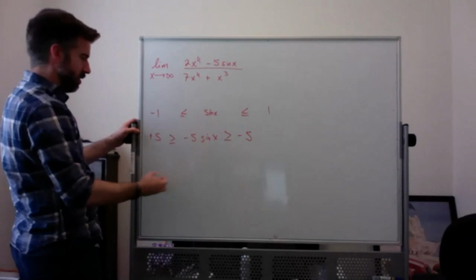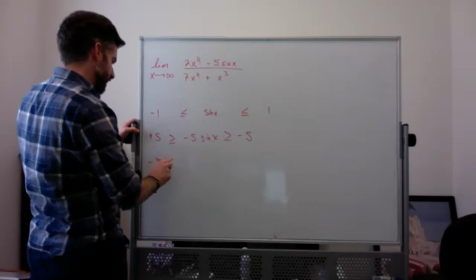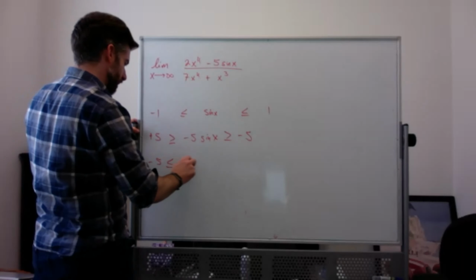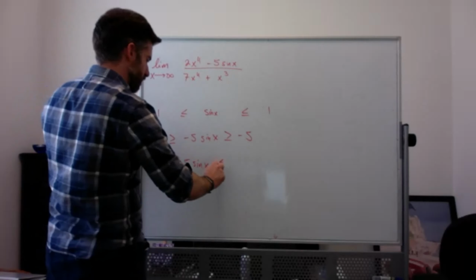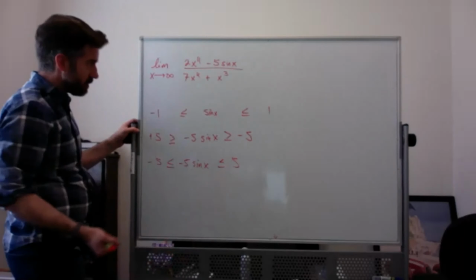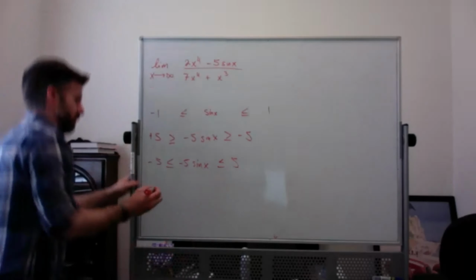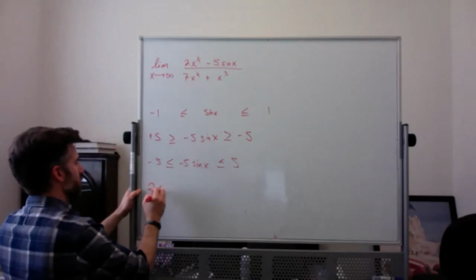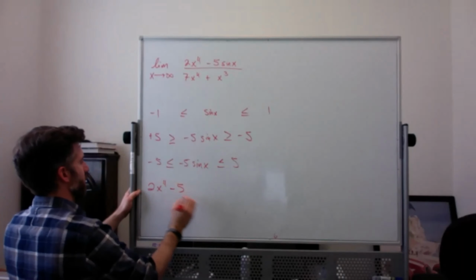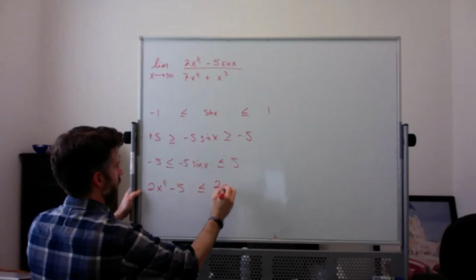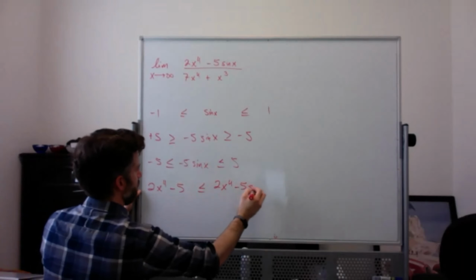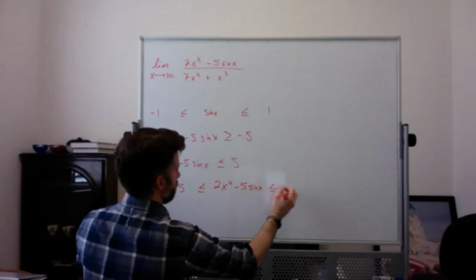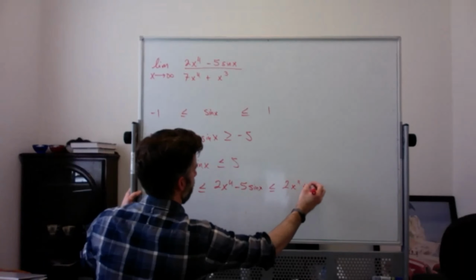You could rewrite this as -5 less than or equal to -5 sine of x less than or equal to 5. And then I'm going to add 2x to the fourth to everything. So 2x to the fourth minus 5 is less than or equal to 2x to the fourth minus 5 sine x, which is less than or equal to 2x to the fourth plus 5.